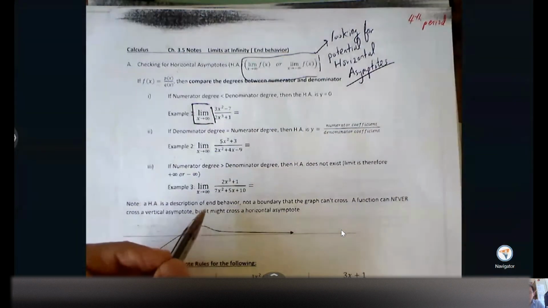But that is for real numbers. Infinity is not a real number, so we have a completely different set of rules for infinity. I want us to make that clear in our heads. If you see a real number, plug in that whole number. Don't get distracted by a one-sided limit. If you see infinity, we have a completely different set. The new set of rules for infinity is we compare the highest degree of the numerator versus the highest degree of the denominator and see which one is higher, which one is lower, or whether they're the same.